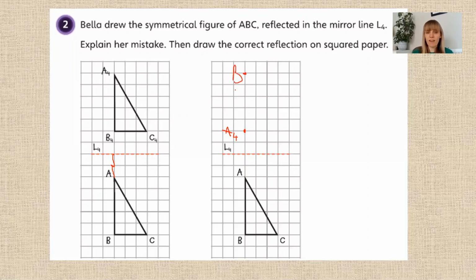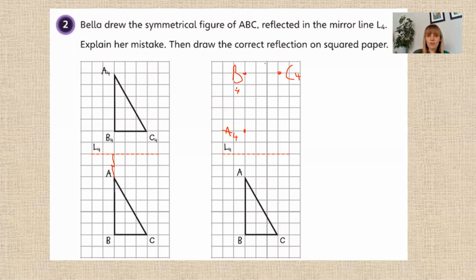Oh dear, look at my very large B. Ah, it's really difficult to draw with this pen. So there's B4, okay. And then let's look at C. Now C is the same level as B, so we know it's going to be 7 up. 1, 2, 3, 4, 5, 6, 7. And so here is C4, like that.